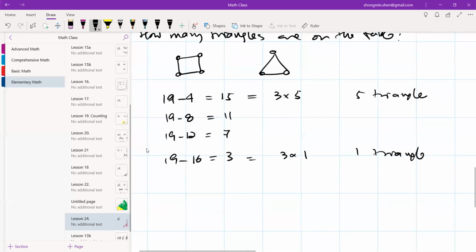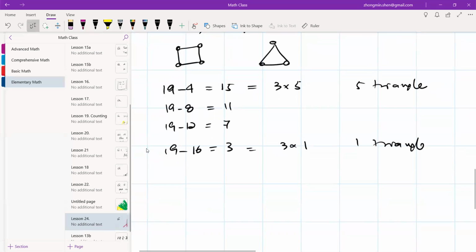Now in mathematics, how do we set up an equation like that? You can assume there are n squares and m triangles. You have to get 19, so you get an equation like that. Here n, m are positive integers.